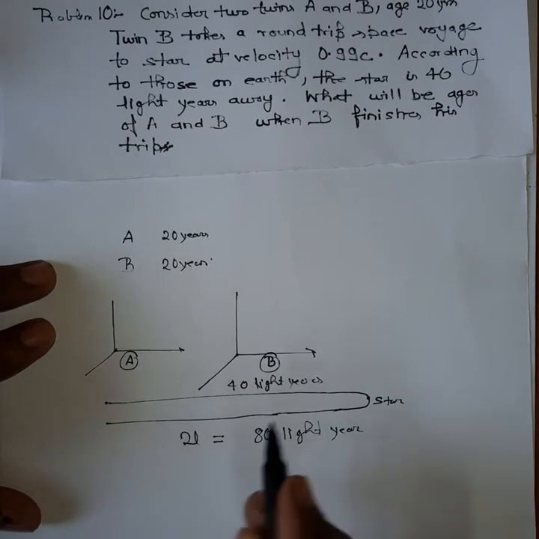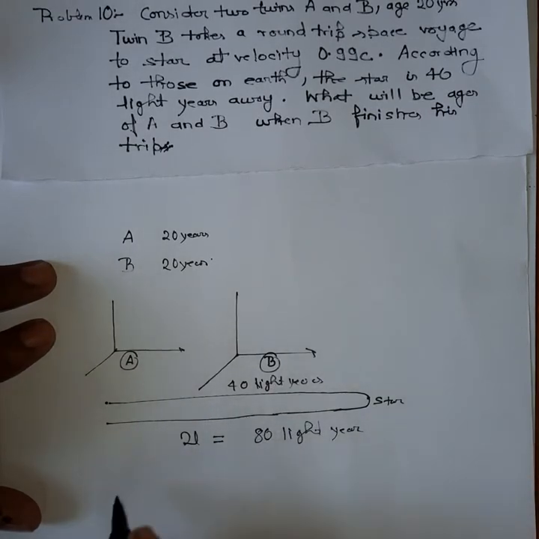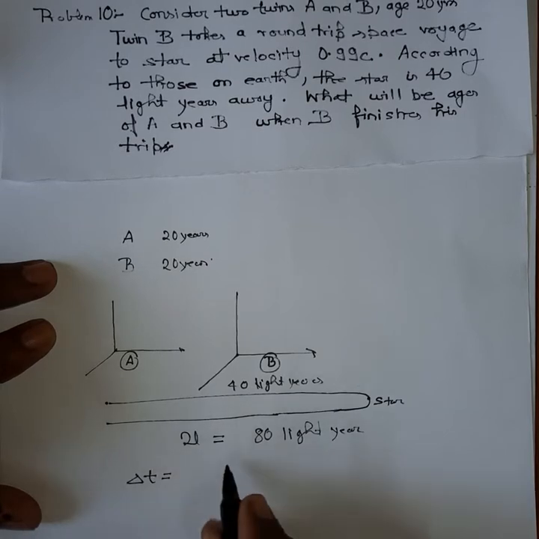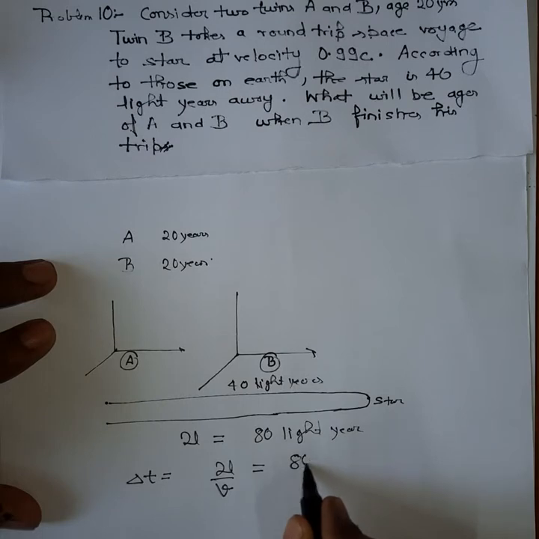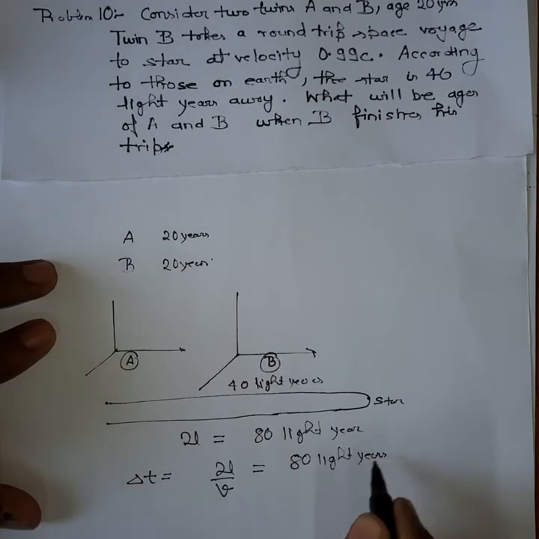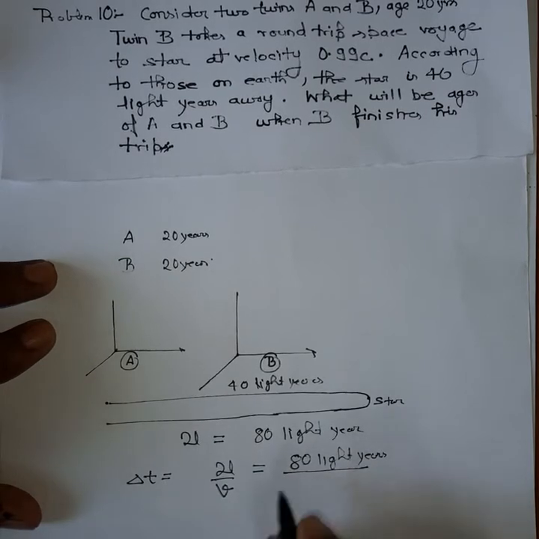So he will find that B will complete this journey in time delta t is equal to 2L by v, that is 80 light years divided by velocity 0.99 c. What is a light year?